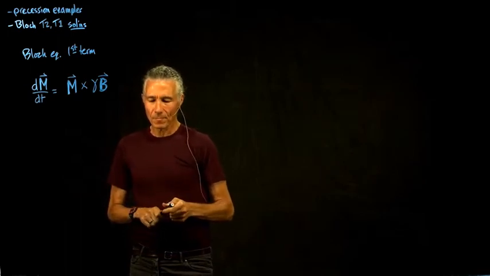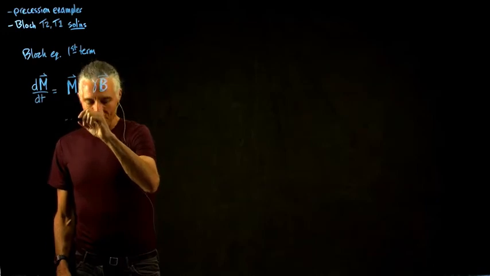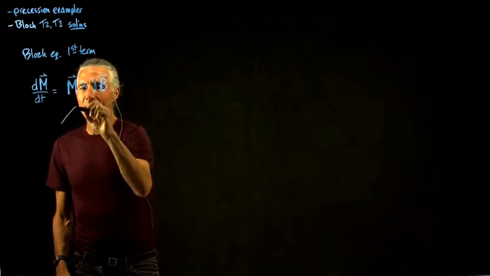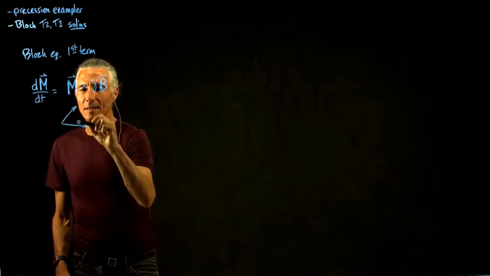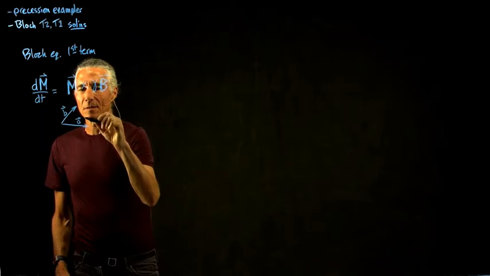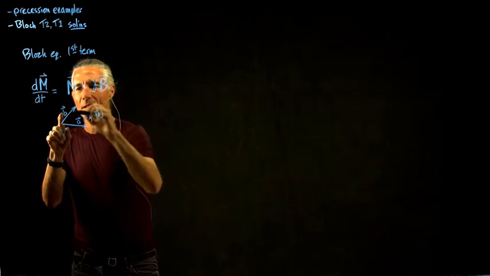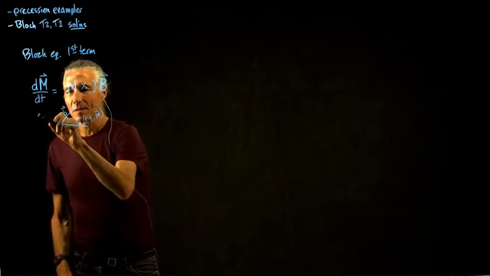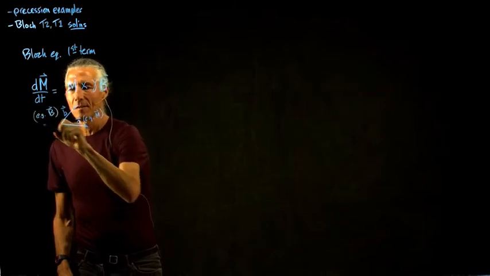Remember, if this is one vector and this is another vector, say this is the A vector and this is the B vector. For example, this would be the M vector, and the B vector would be the magnetic field vector.